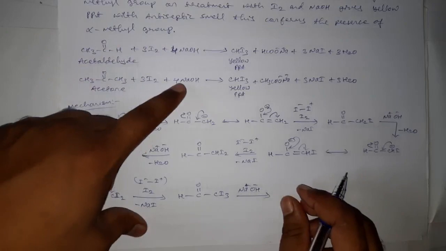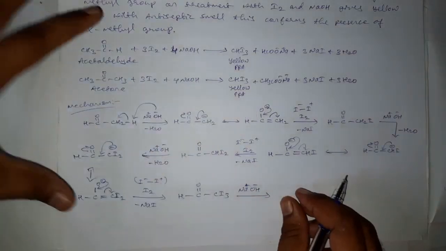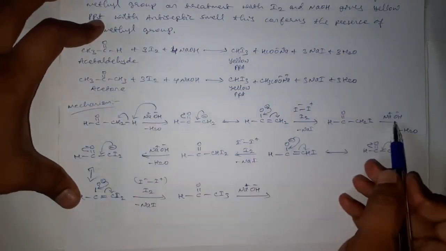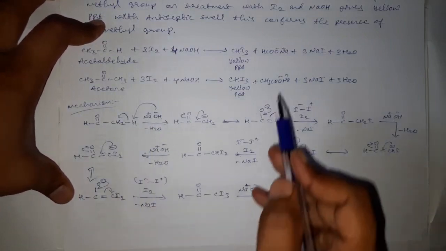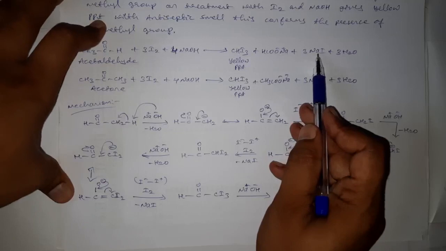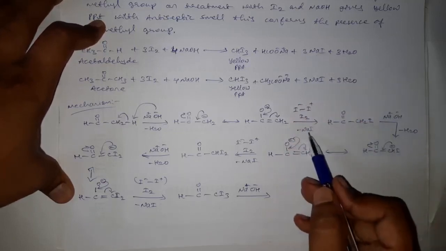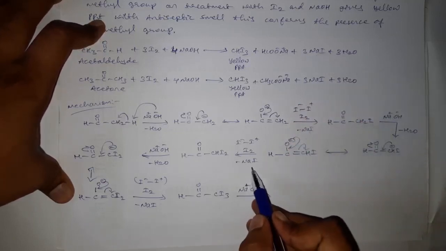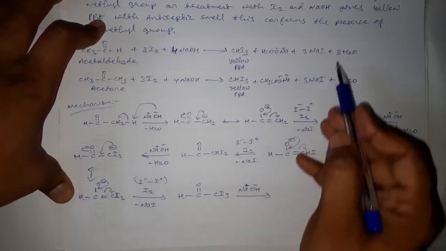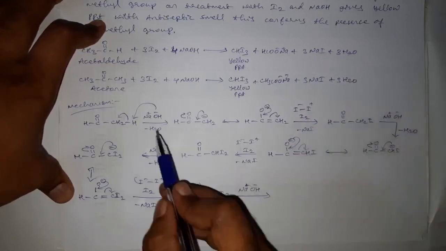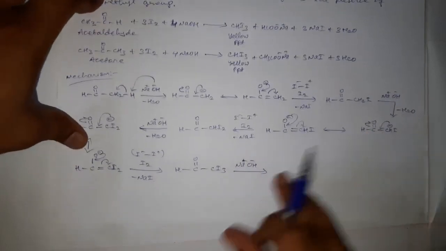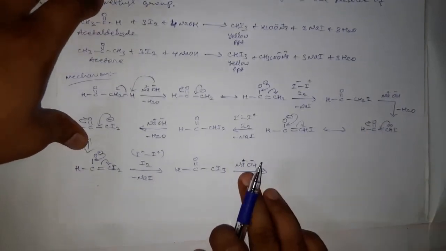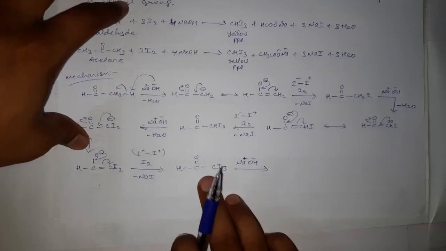See how many NaOH we are using here? 4. See, 1, 2, 3 and the 4th one. And how many sodium iodides are liberating here? 3. See, 1, 2 and 3. How many H2O are liberating? 3. 1, 2 and 3. Okay, this is the fourth molecule of NaOH we are adding to this molecule.